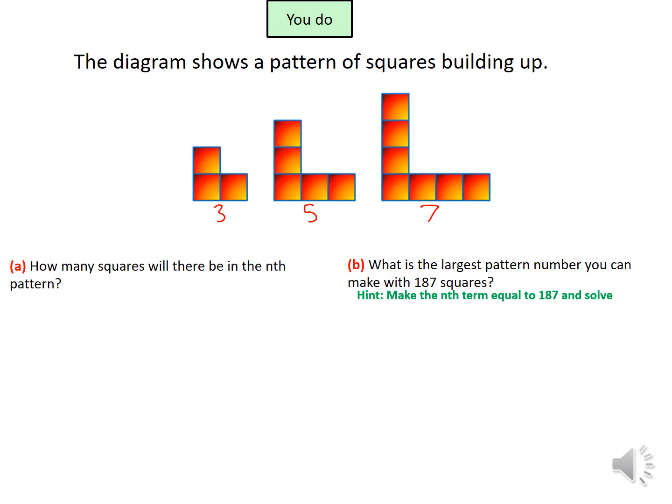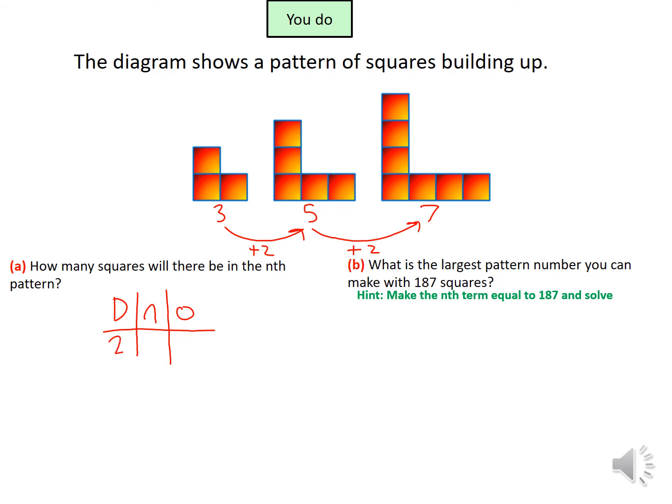To work out what will be the n-term pattern, we need to use the DNO. The difference between each of these patterns is add 2. So my difference is 2.